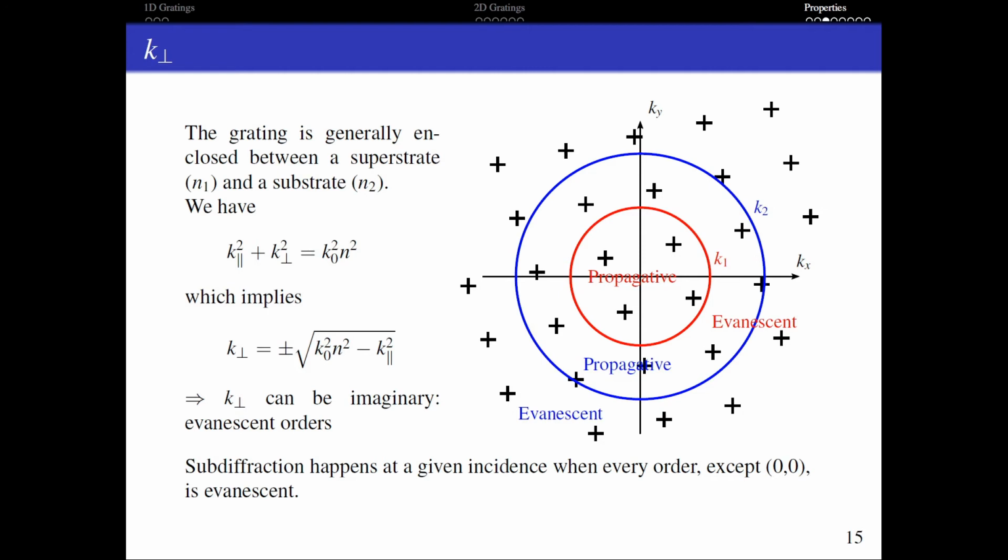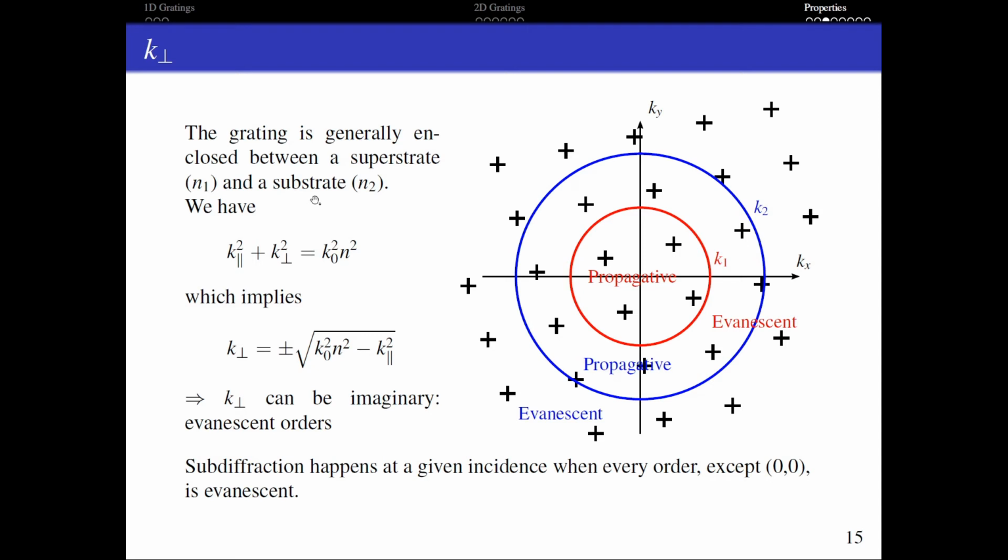Now, let's say we have an actual grating, and above this grating we have a refractive index N1, and below this grating we have the refractive index N2. Okay, so N1 is going to be the superstrate, and N2 the substrate.